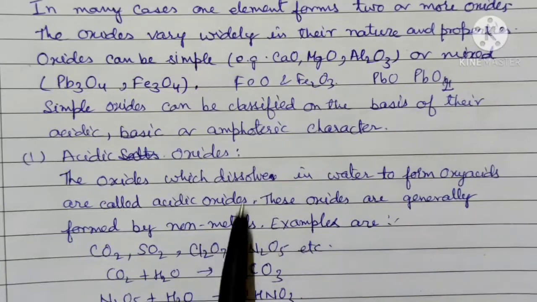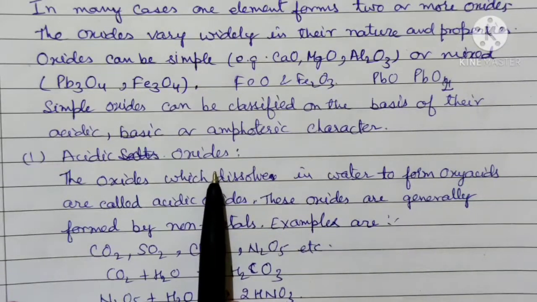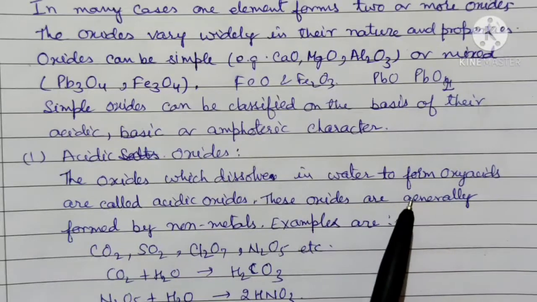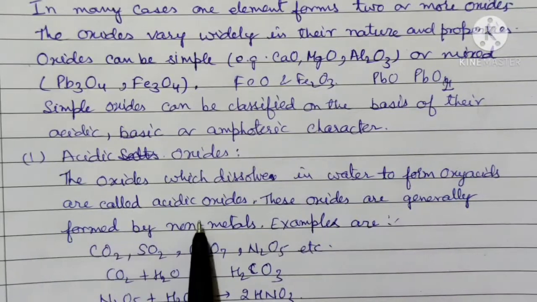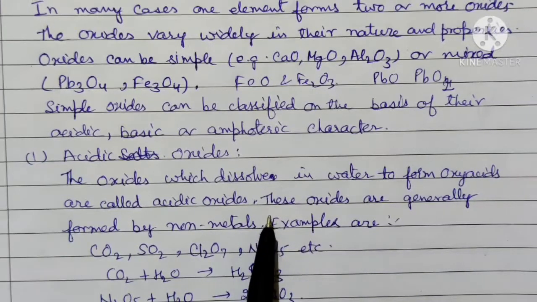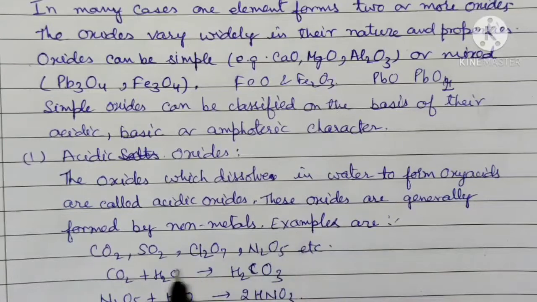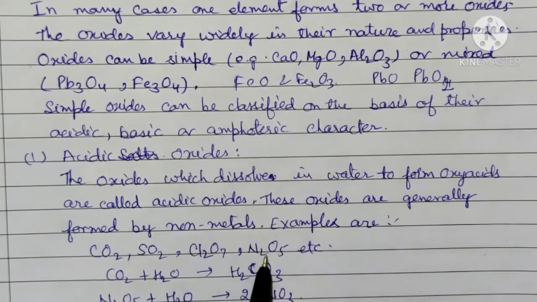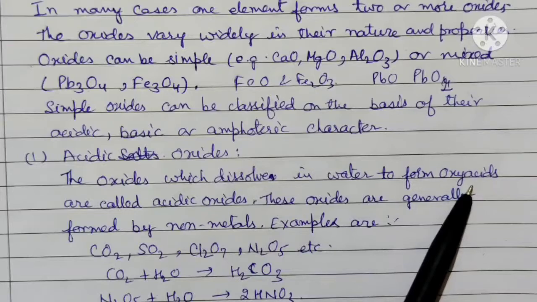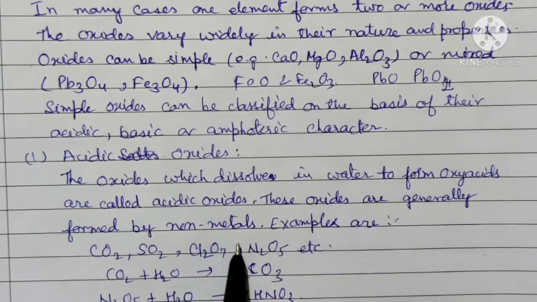First we will study the acidic oxides. Acidic oxides, when dissolved in water, form oxyacids. Normally when non-metals like carbon, sulfur, chlorine and nitrogen combine with oxygen, they form their oxides. When these oxides are dissolved in water, they form oxyacids, so they are called acidic oxides.